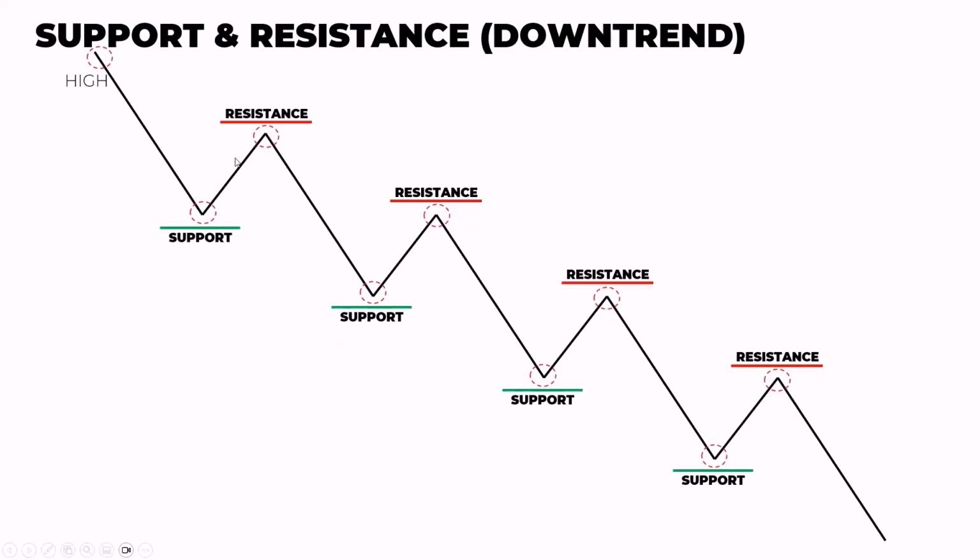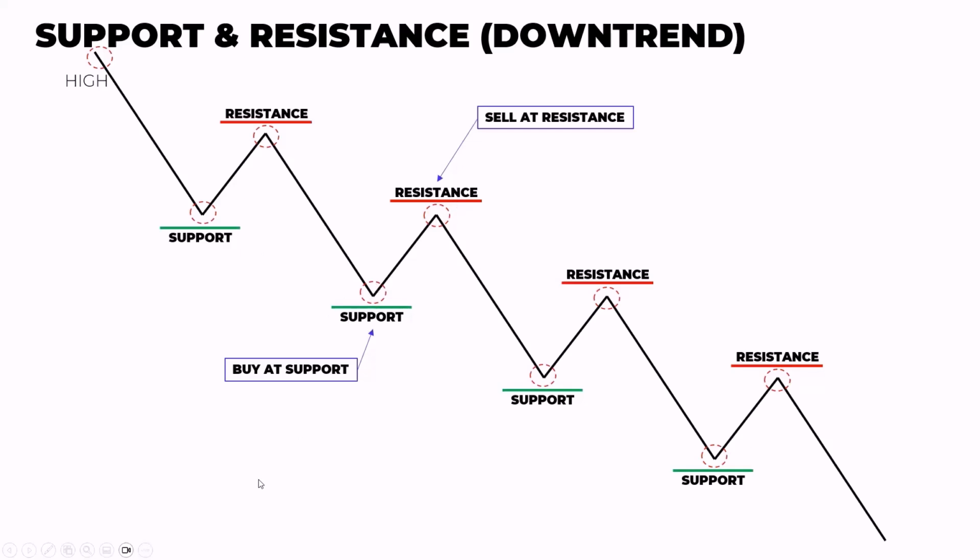When it gets up here, the same thing, bulls will show signs of exhaustion and it falls down. And what do we do? We sell at resistance and we buy at support. So we do the same thing in the downtrend, is that we find levels of support and resistance to buy and sell off of.